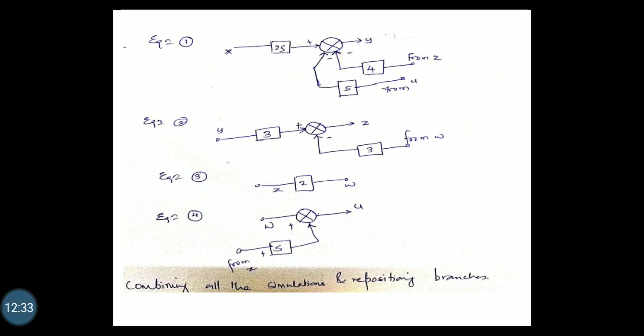Second equation: z is equal to 3y minus 3w. Equation 3: w is 2z. U is equal to 1w plus 5z. Okay, all these four. Then we have to combine all these, by summation and repositioning branches.